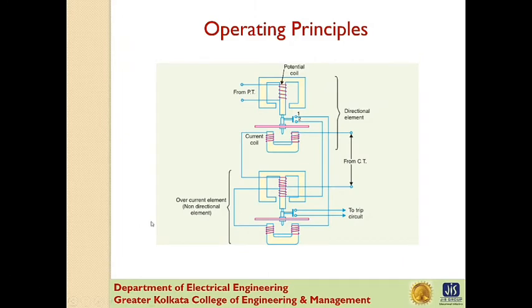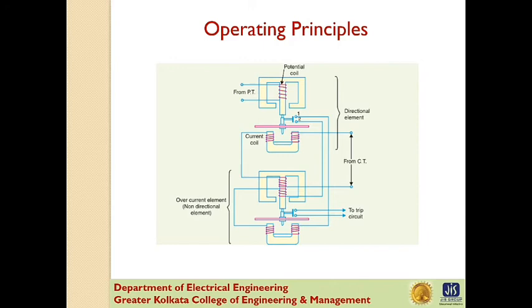Next is the operating principle. Under normal operating condition, power flows in the normal direction in the circuit protected by the relay. Therefore, the directional power relay, that means the upper element, does not operate, thereby keeping the non-directional element unenergized. However, when a short circuit occurs, there is a tendency for the current or power to flow in the reverse direction.